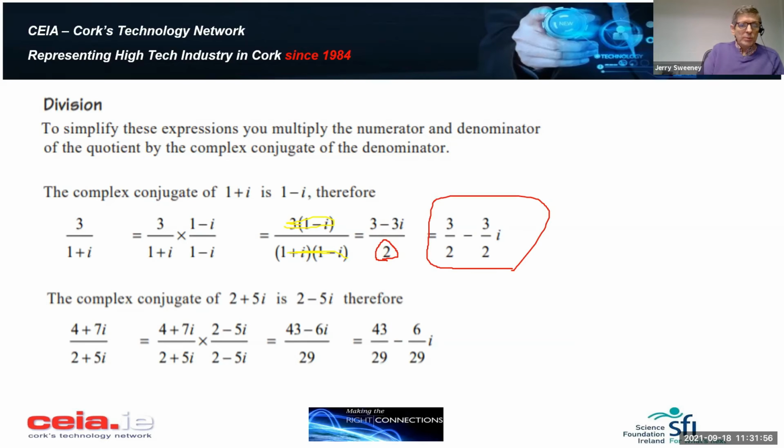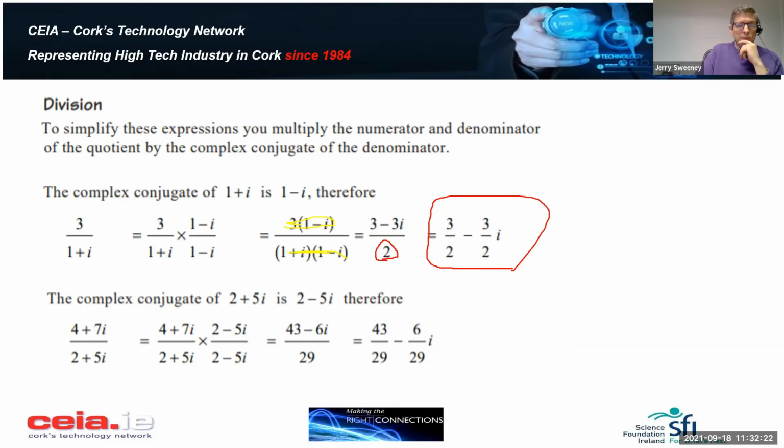So the second one that we want to do is 4 plus 7i divided by 2 plus 5i. We multiply above and below by the complex conjugate, 2 minus 5i above and 2 minus 5i below. The complex conjugate, where a is 2 and b is 5, multiplies out as 4 plus 25, which is 29. So we have 29 below the line.